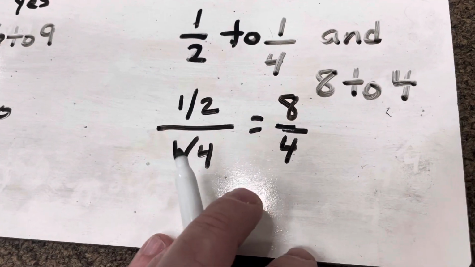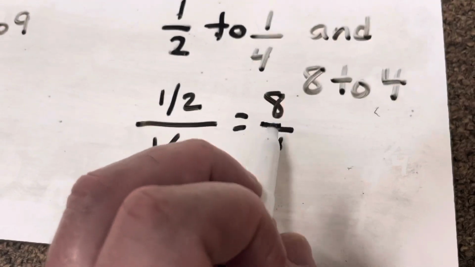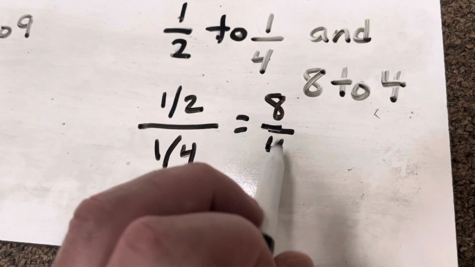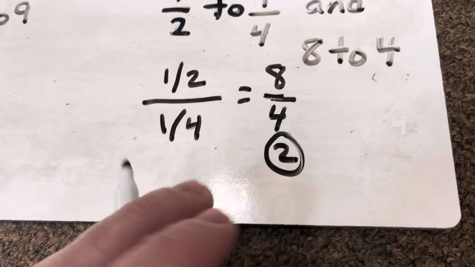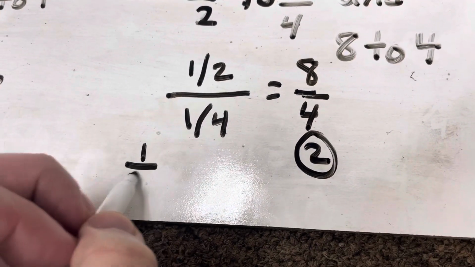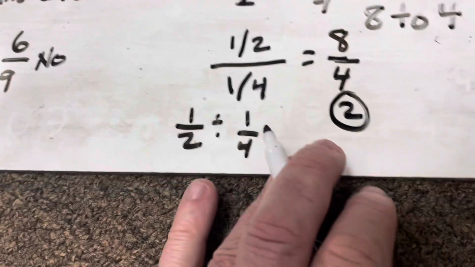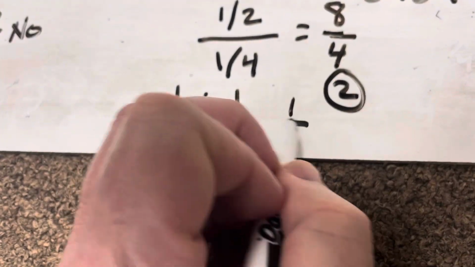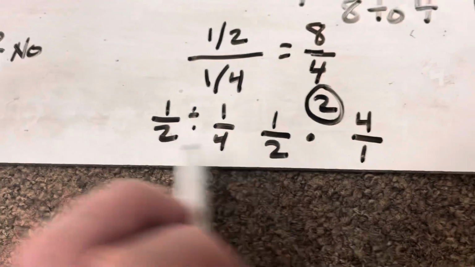You can do it that way, but I see with 8 to 4, well, that's going to be a whole number because that's just 8 divided by 4. Well, 8 divided by 4 is 2. So basically then I want to see if 1/2 divided by 1/4 is equal to 2. So I'd have 1/2 divided by 1/4. As I know, that's 1/2 times 4 over 1.